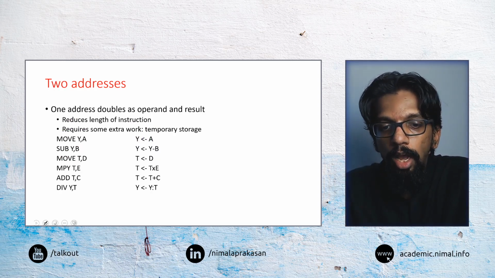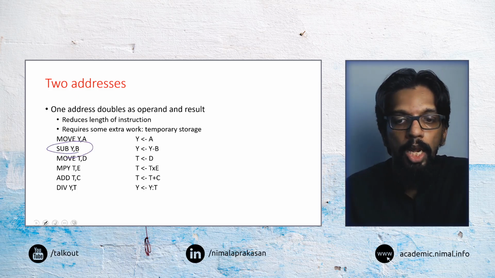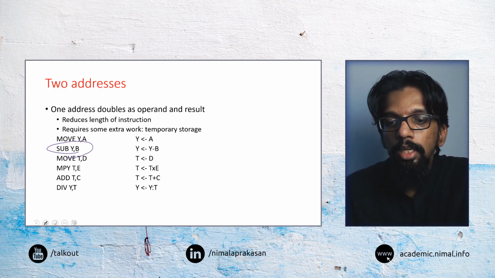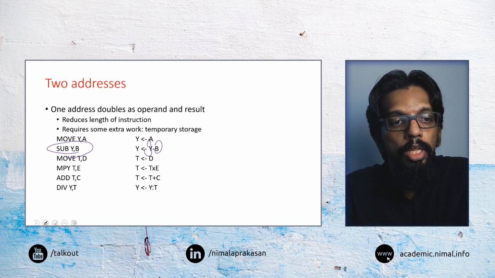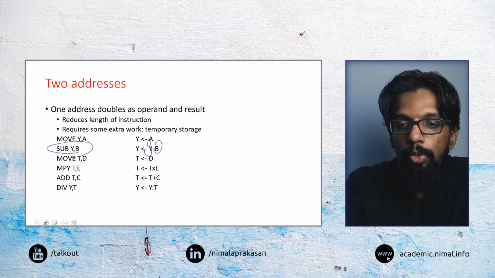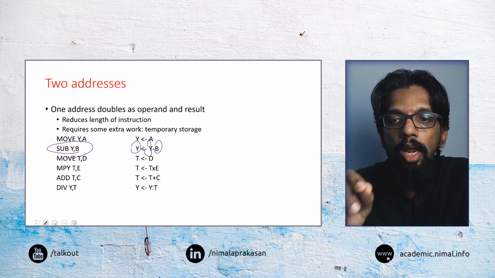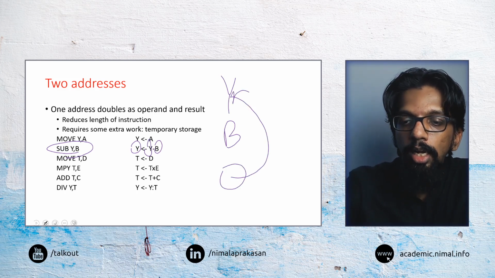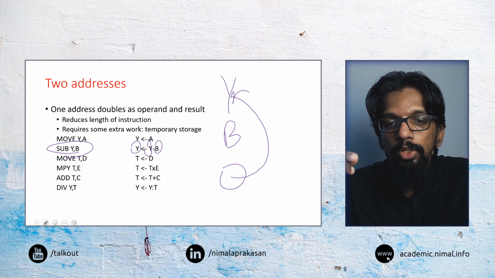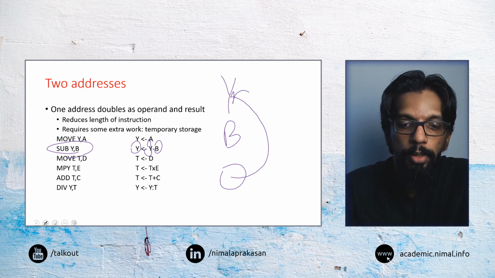Two addresses are normally used. With the same subtraction operation, we start with the 2 operands and store the result in one of those. Here we are storing the result in Y, but Y is also used at the starting point. So we start with Y and B, and after the operation we take the result and store it back in Y. That is a way to reduce the number of addresses used in a particular instruction.